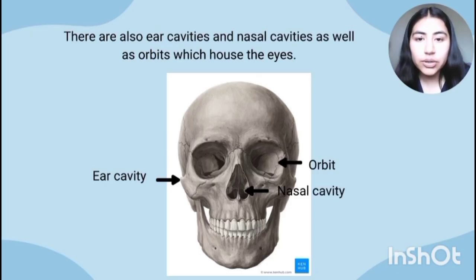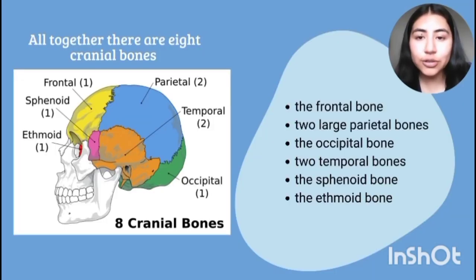There are also ear cavities and nasal cavities, as well as orbits which house the eyes. Altogether, there are 8 cranial bones. We have the frontal bone, 2 large parietal bones, the occipital bone, 2 temporal bones, the sphenoid bone, and the ethmoid bone.